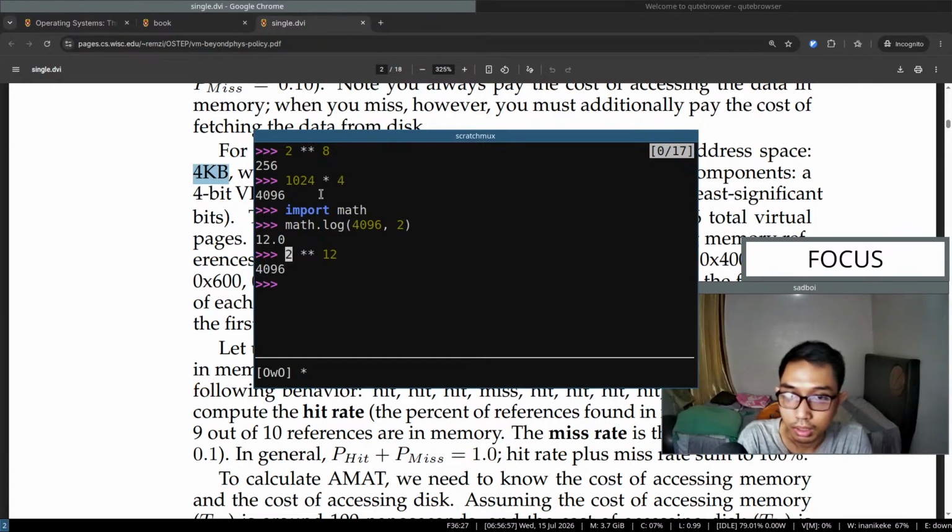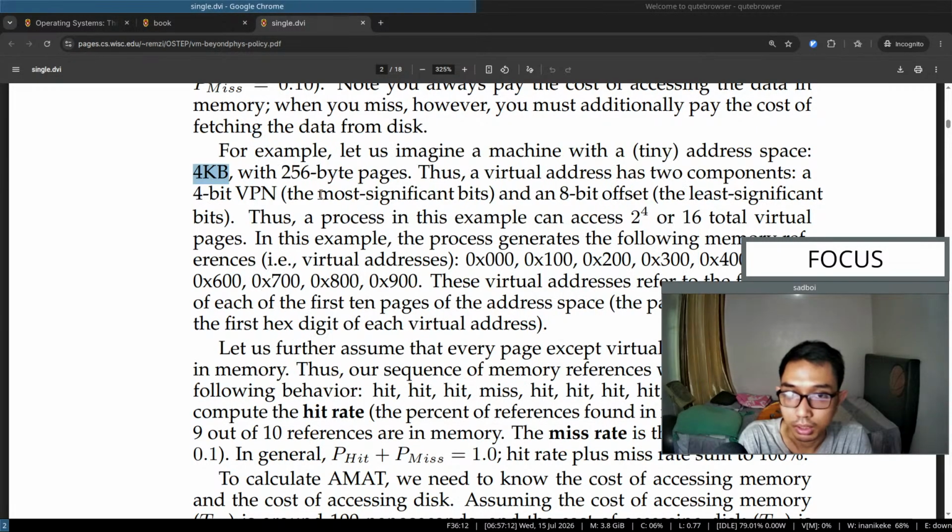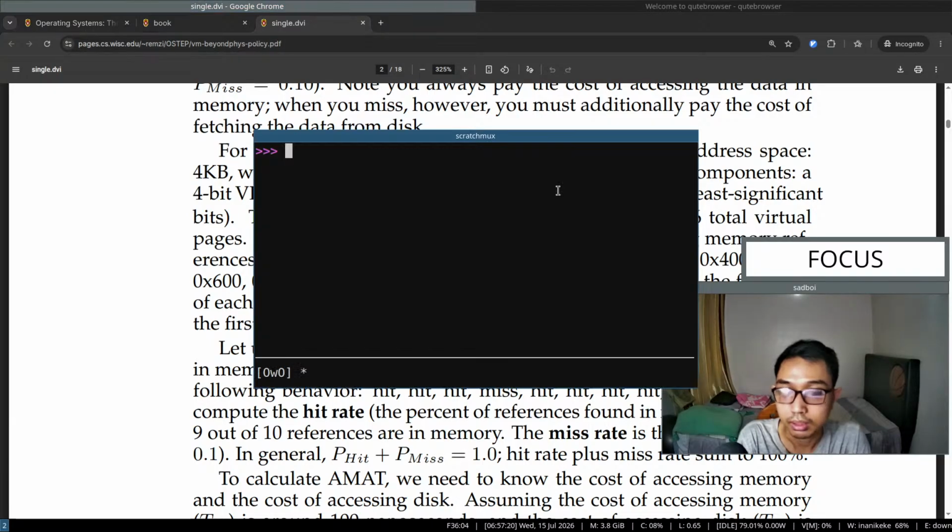2 power 12, and then because we have an 8-bit offset, right?